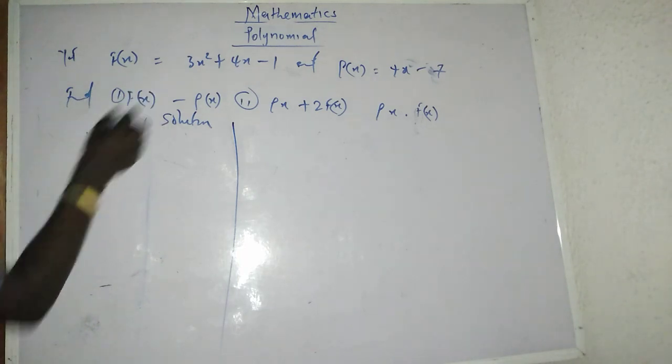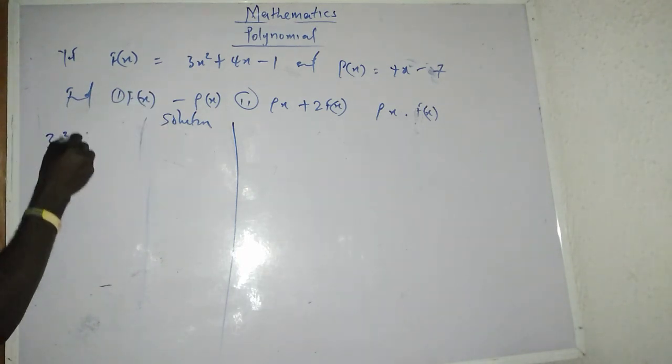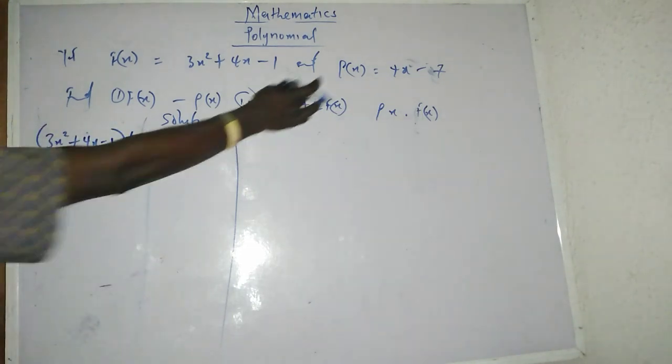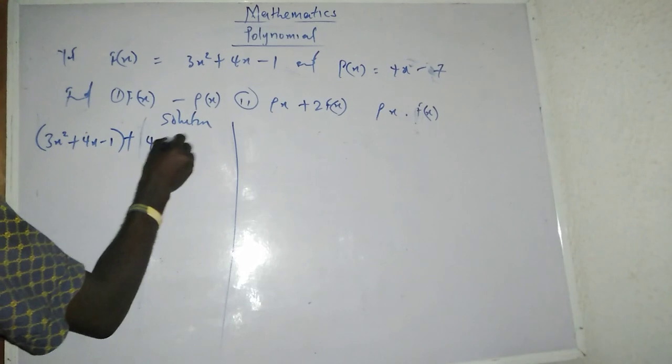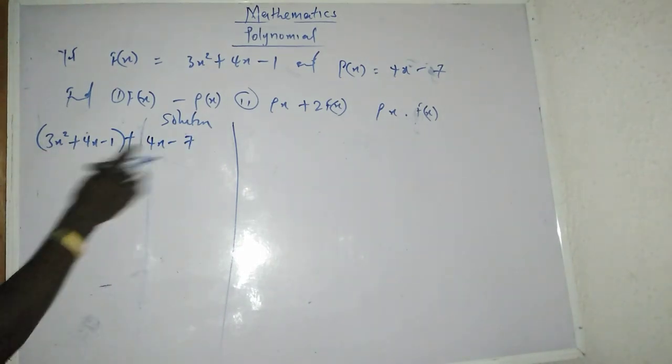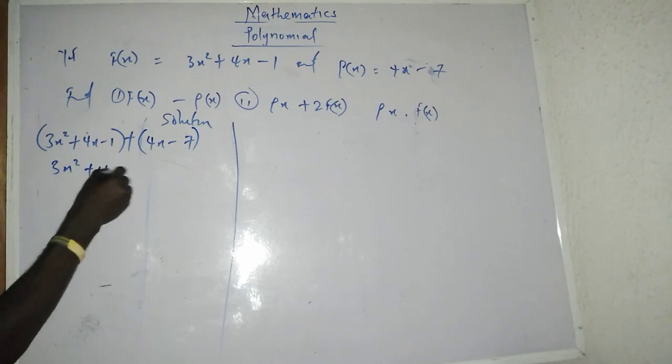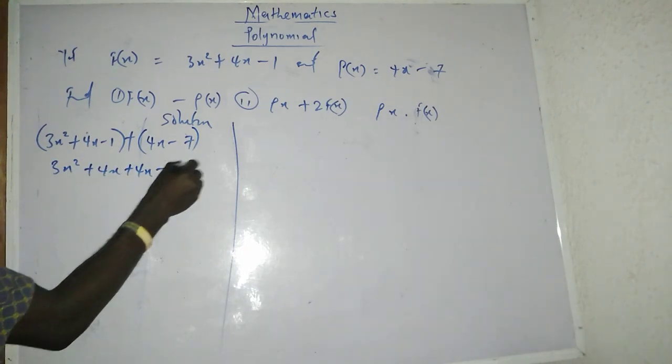Now, it means my f of x is 3x squared plus 4x minus 1. Introduce bracket is good. My p of x, I have 4x minus 7. Which I can now say, my like terms, which is 3x squared plus 4x minus 1 minus 7.